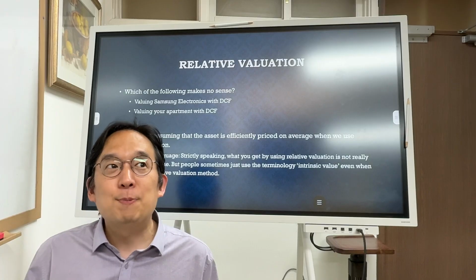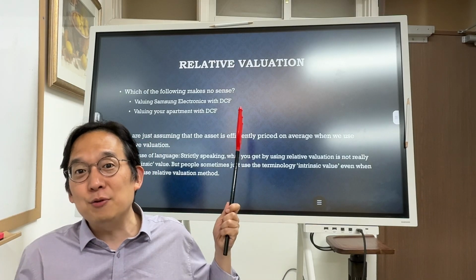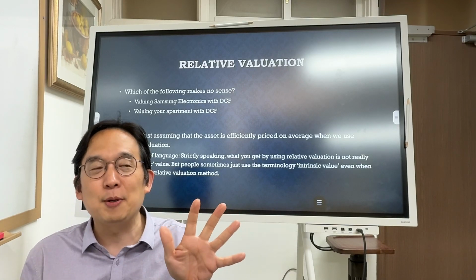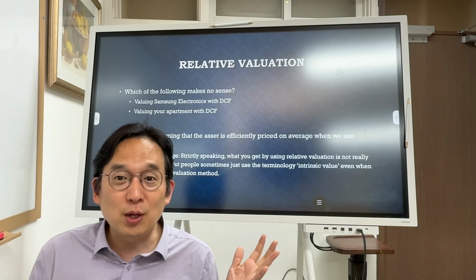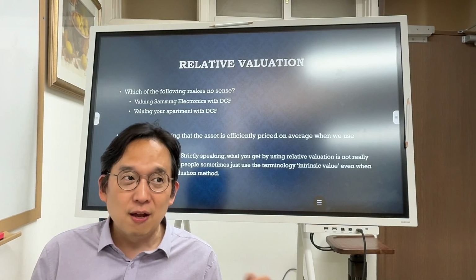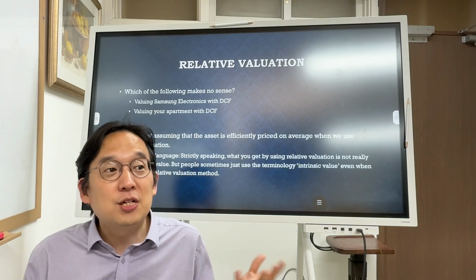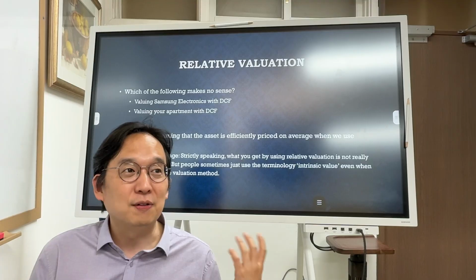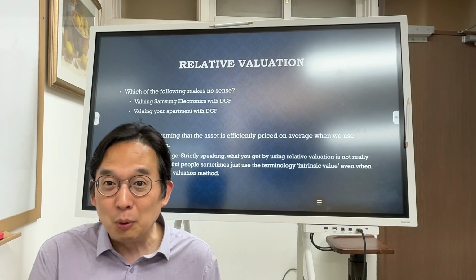Why? Well, especially the sum of the parts approach does not make sense when you value this apartment, because you don't do the valuation of your apartment thinking like this. Well, the cash flow that you can generate from the toilet, each toilet, every month you can expect to get a certain amount of cash by holding on to this toilet bowl, okay?